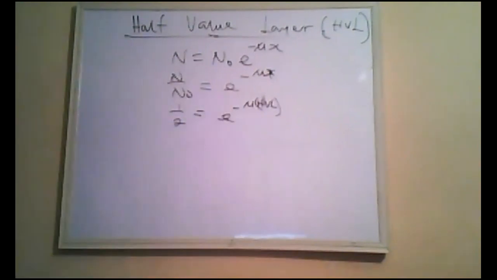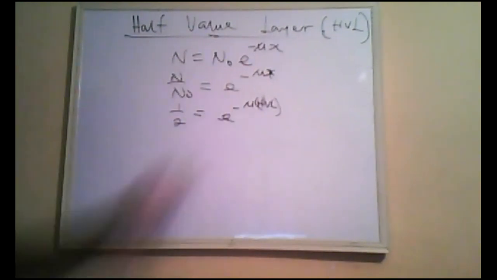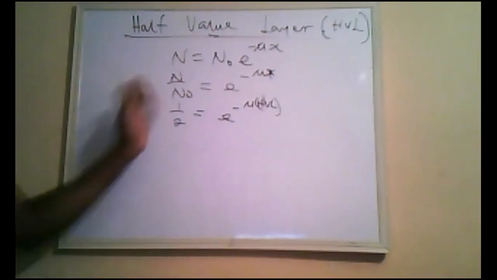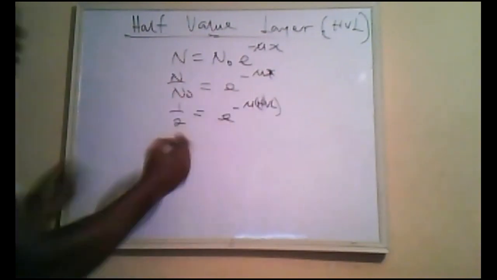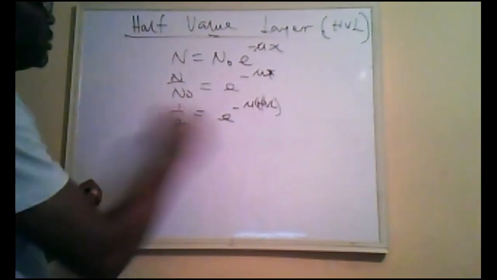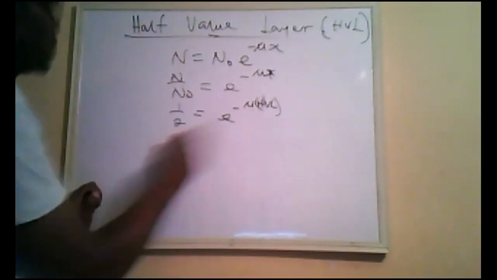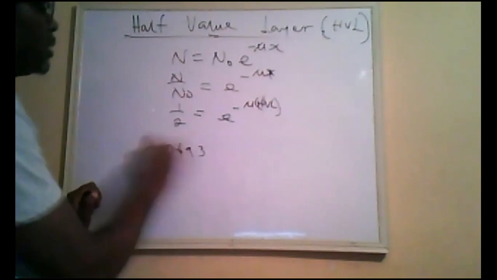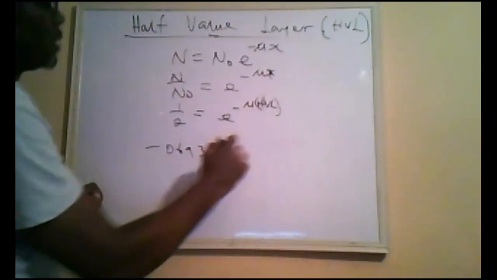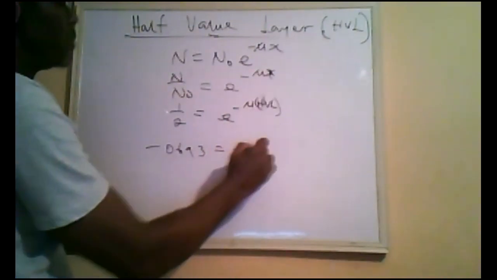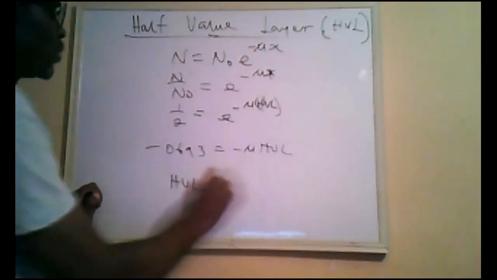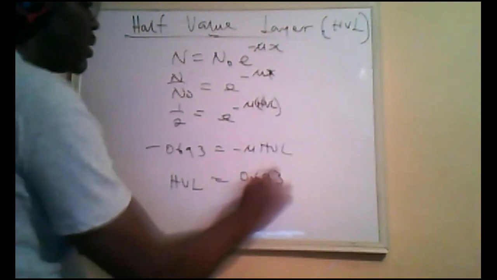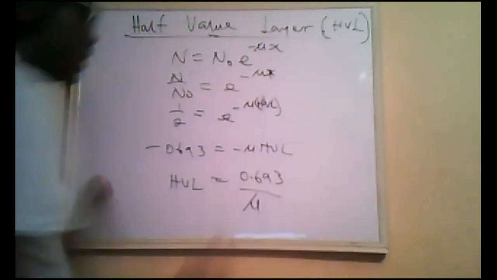At the end of the day, if we find the natural logarithm of this side and this side, we arrive at 0.693. So we have HVL equal to 0.693 over the linear attenuation coefficient.